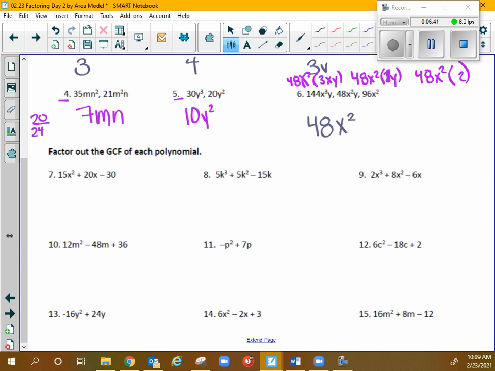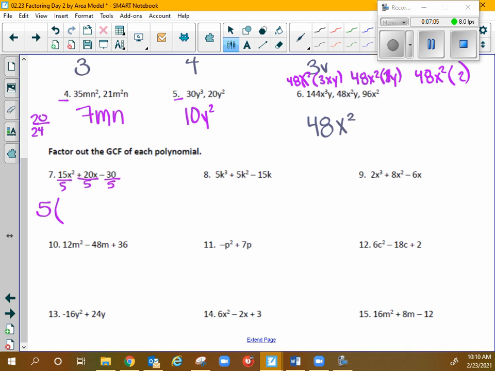What's their GCF? 5. So what I'm going to do is divide all of this by 5. And since I'm factoring it, I'm not just going to write what's left. I have to write that the 5 is out front now. You're undoing distributive properties.